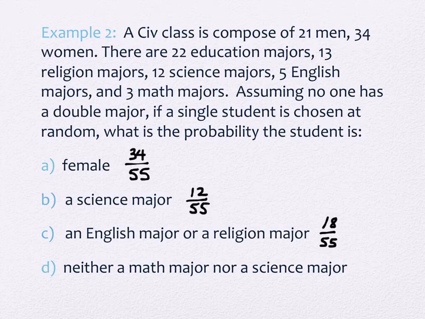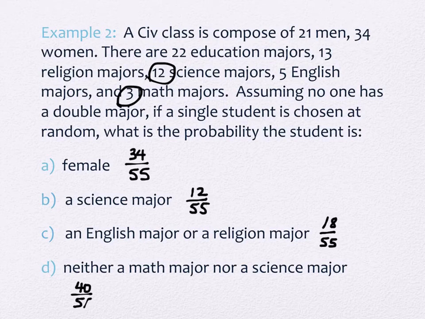Leah. I added together the math and science majors and I subtracted them from 55. Okay, did you hear her? So she added the math and the science. So there's 3 math and 12 science, and you got 15. And she subtracted 15 from 55. Does that work? Yeah. What does that give us? 40 over 55.